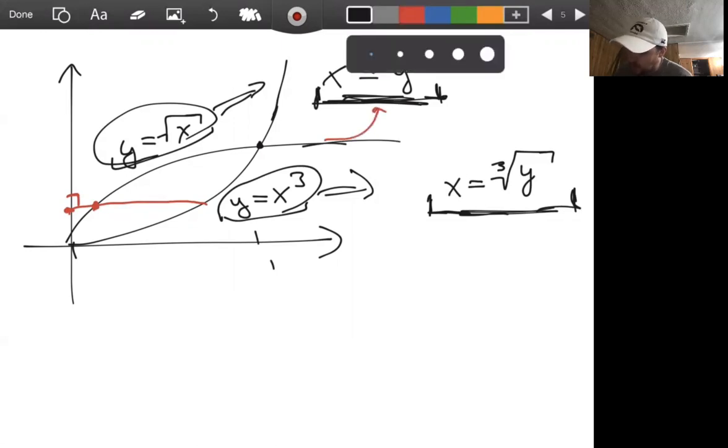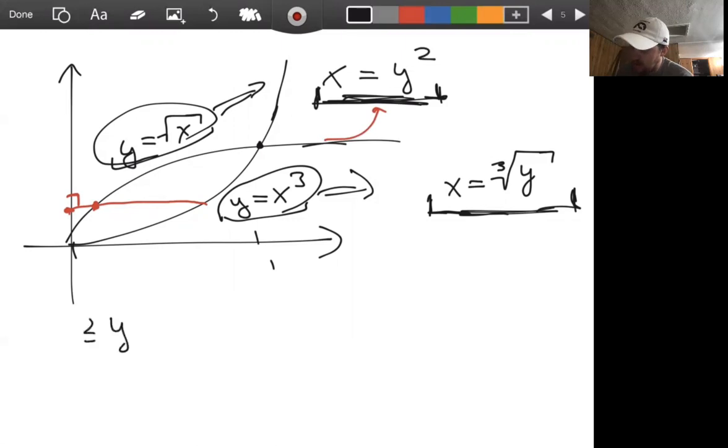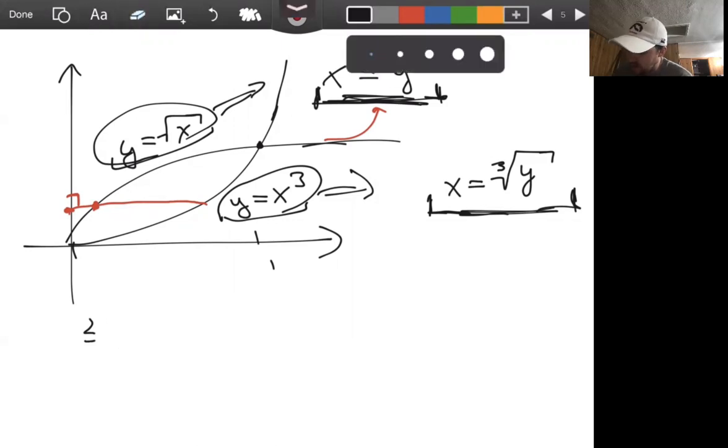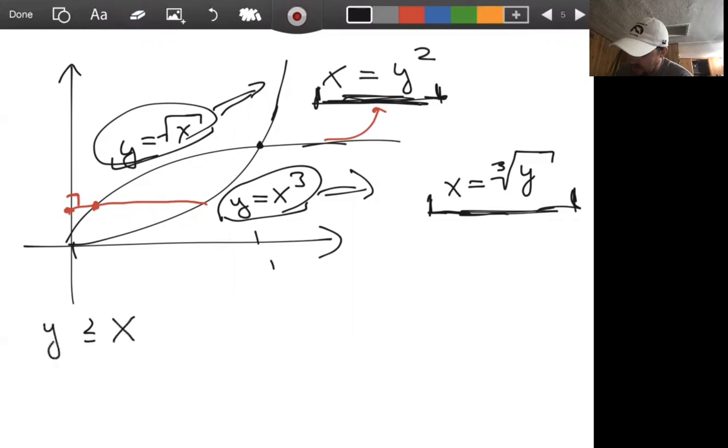And so we want x to be greater than or equal to y squared. And then we go to the next curve, and we want x to be less than the cube root of y.